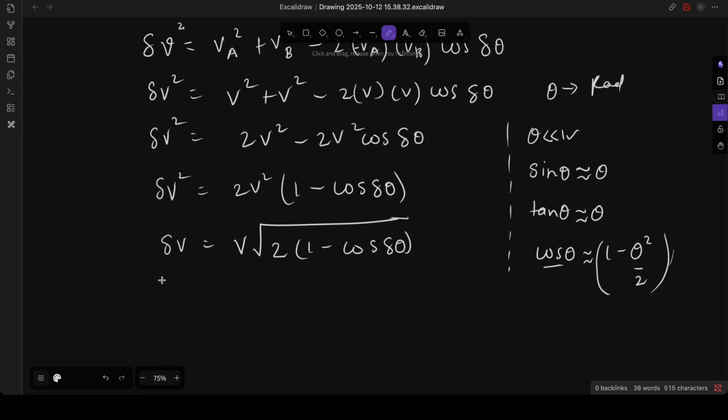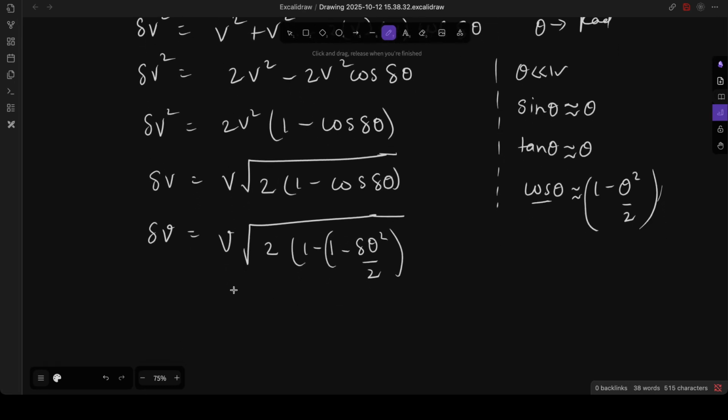So if I substitute it here, I'll get delta V is equal to V times 2 times 1 minus, instead of cos delta theta, I'll have 1 minus delta theta square upon 2.